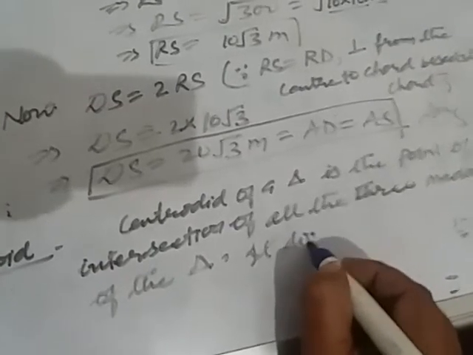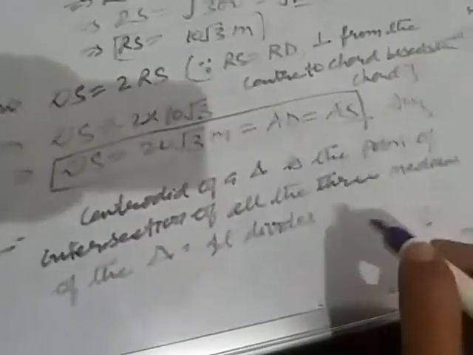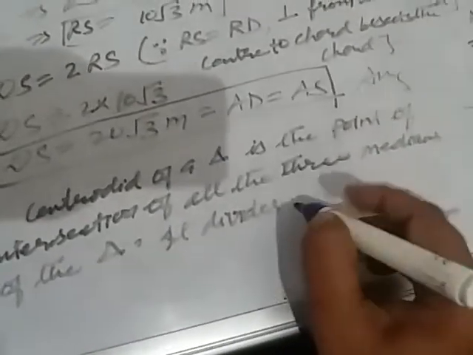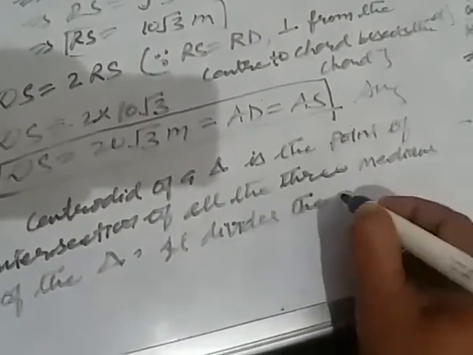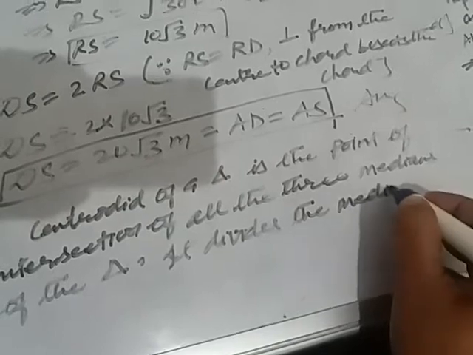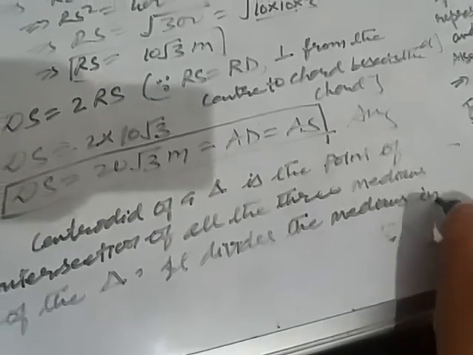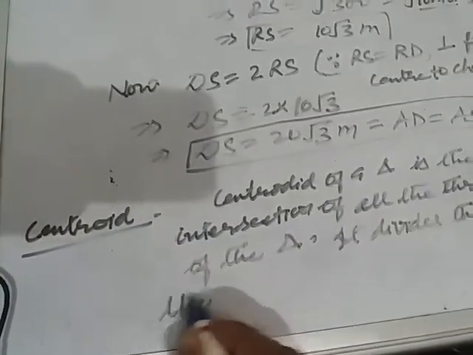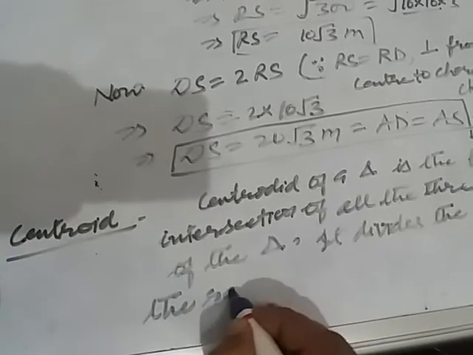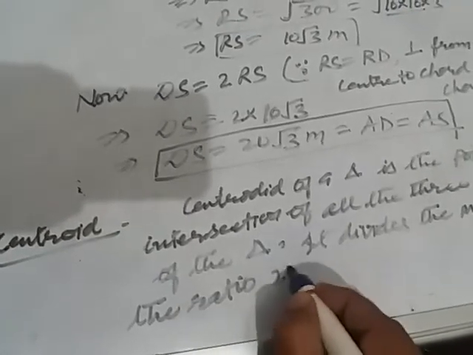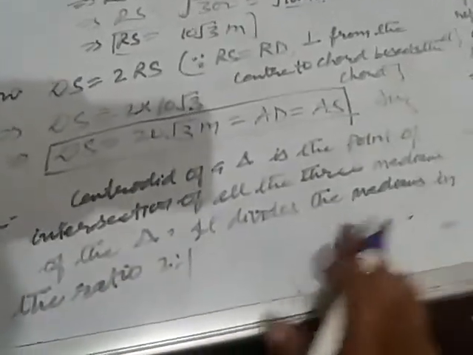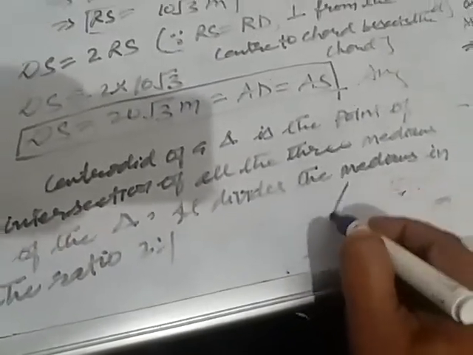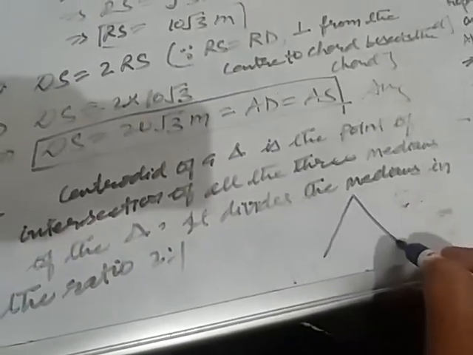Clear? It divides the medians in the ratio 2:1. Pictorially, this is the triangle.